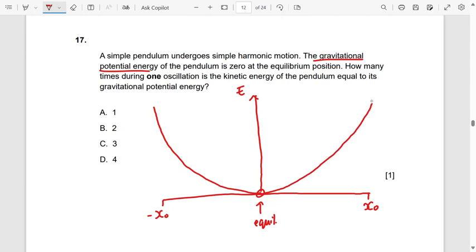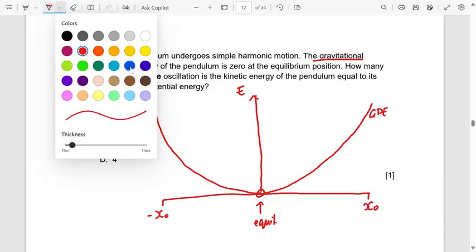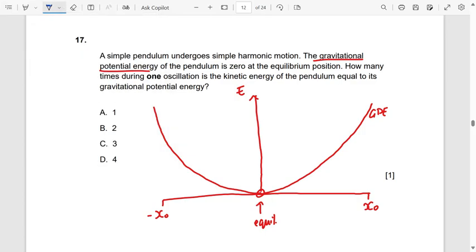So this is the gravitational potential energy. I'm now going to do blue for kinetic energy. As it passes through equilibrium, it's as high as it's going to get, and at amplitude, where it's about to fall, we've got 0. It's like a mirror image. So this is what's going on, back and forth.